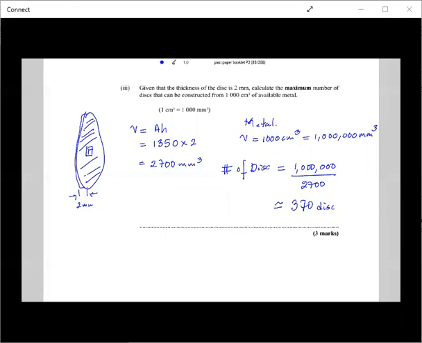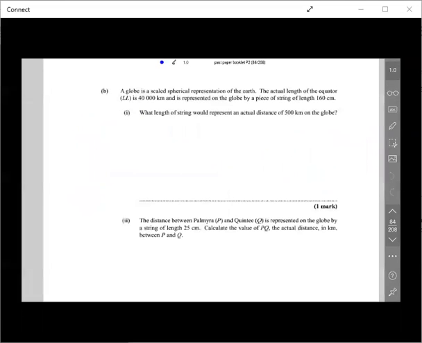All right. Let's move on to the next part of the question. It says, a globe is a scaled spherical representation of the Earth. The actual length of the equator is 40,000 kilometers and is represented on the globe by a piece of string of length 160 centimeters.